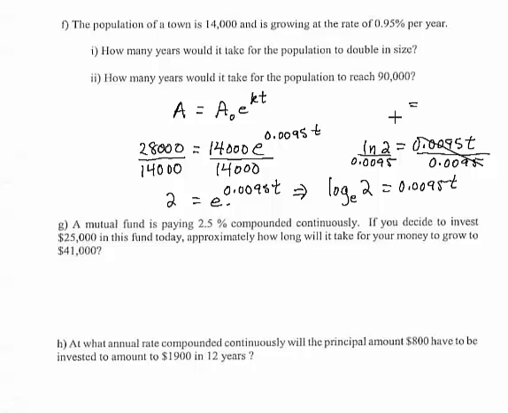There's limited space, but from this line, the 0.0095 cancels. We get t by itself, which is what we want, and so the time, the number of years, works out to be ln of 2 divided by 0.0095. So approximately how many years does this represent?